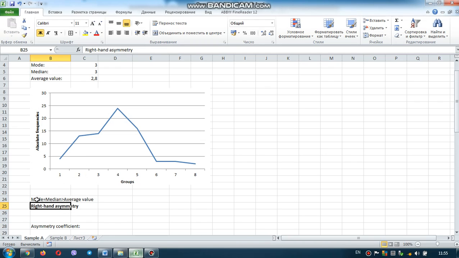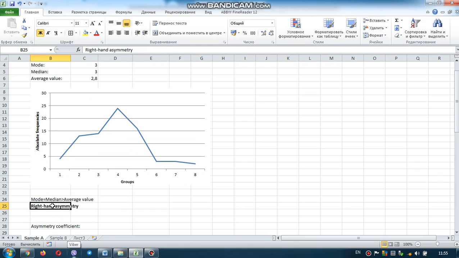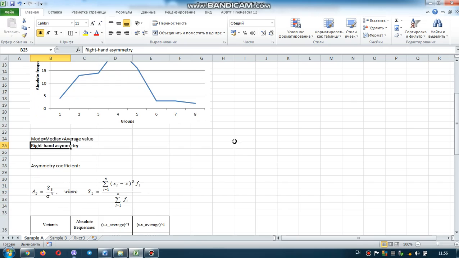We can see that the mode value is equal to the median, but the median value is greater than the average value. It means that the graph is characterized by right-hand asymmetry. If the vertex is shifted to the left side, then we have right-hand asymmetry, and vice versa.